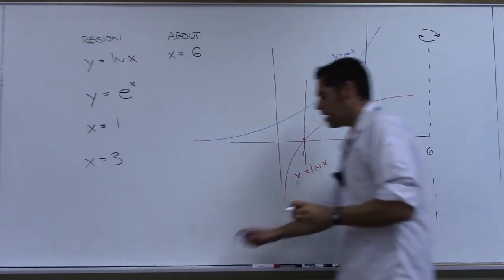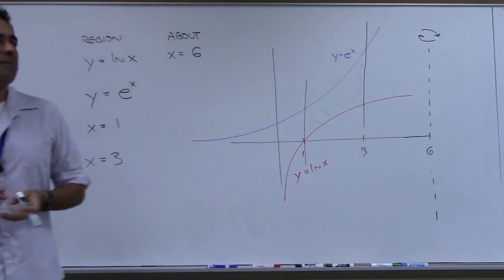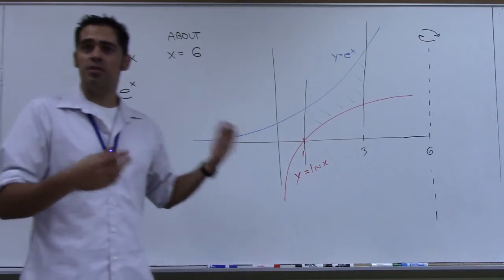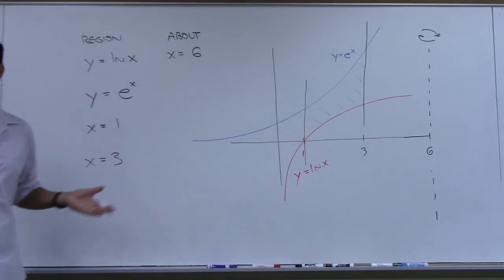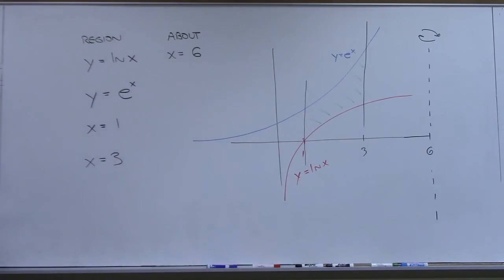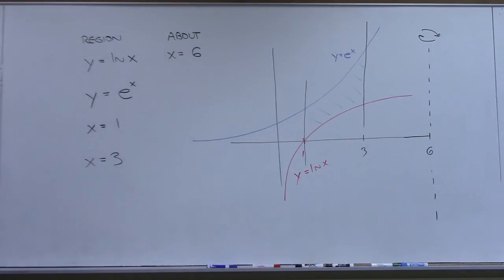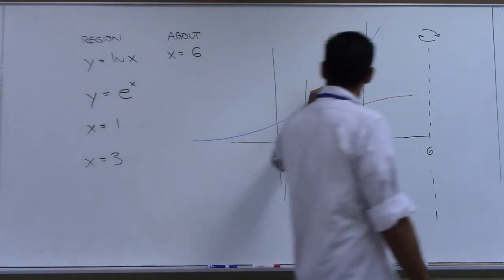By the way, on your exam, I will not tell you that you have to do your volume solids with any particular method. If you think shells is better than the other way, you're free to do however you want. I won't force you to do one or the other. So here's my rectangle.